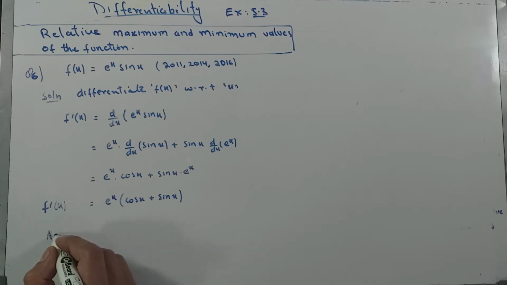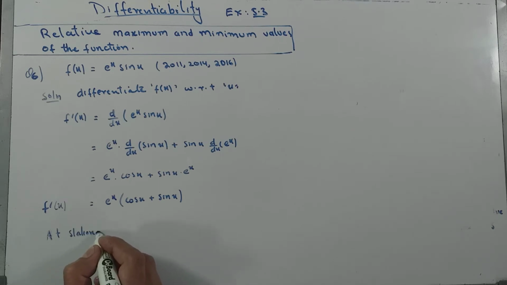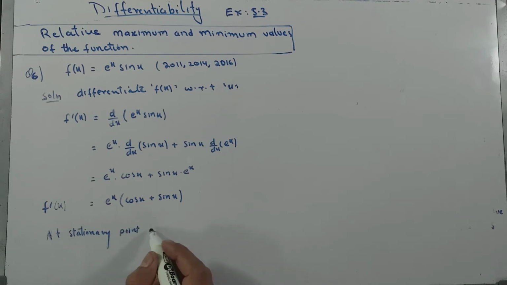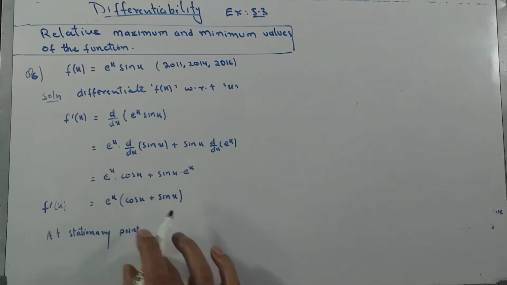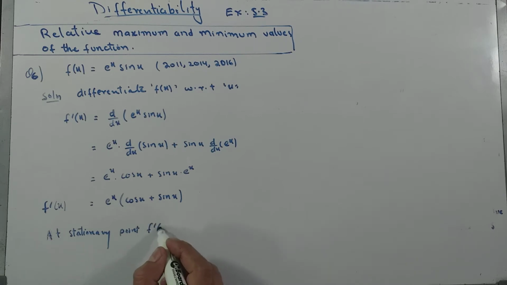At stationary points, f'(x) or dy over dx is equal to 0. So put dy over dx equal to 0: e^x multiplied by (cos x plus sin x) equal to 0.